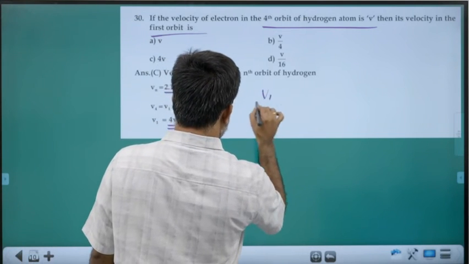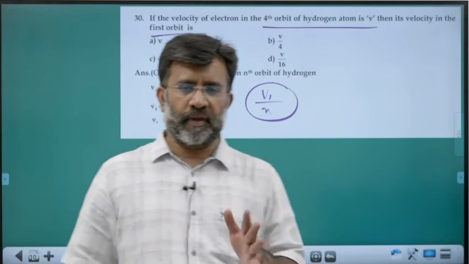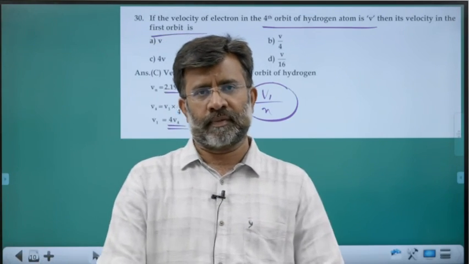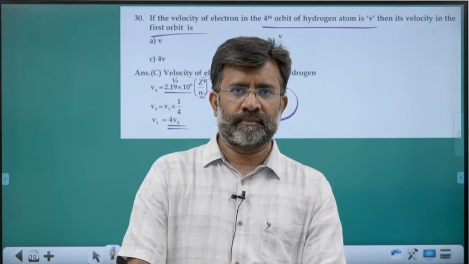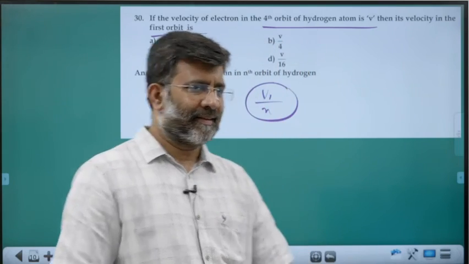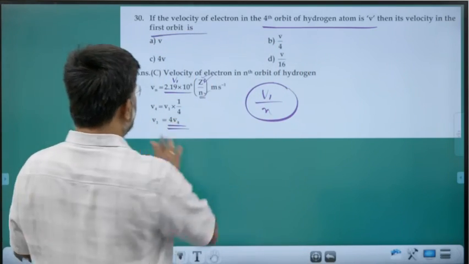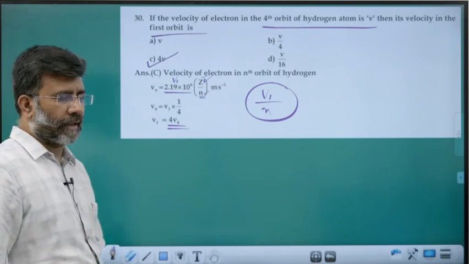So for hydrogen it is V1 by n: first orbit V1, second orbit V1 by 2, third orbit 1/3, fourth orbit 1/4, fifth orbit 1/5. With that knowledge, there is no need for any equation, you can straight away answer it is 4 times.